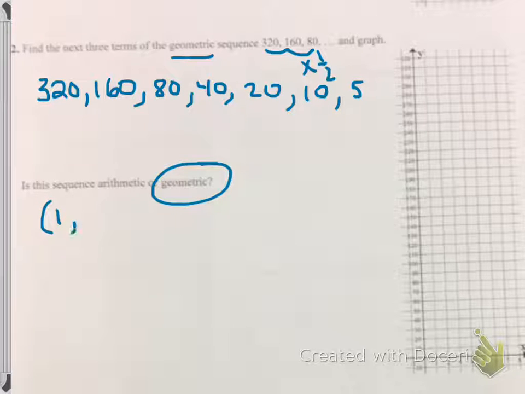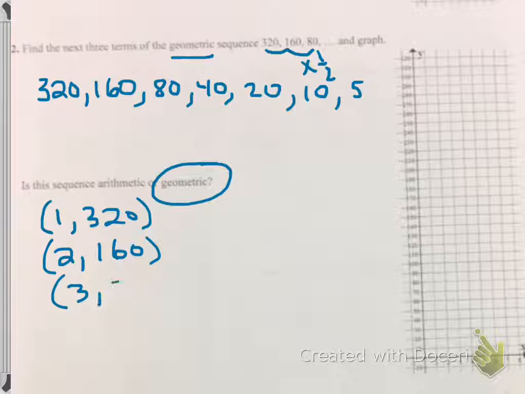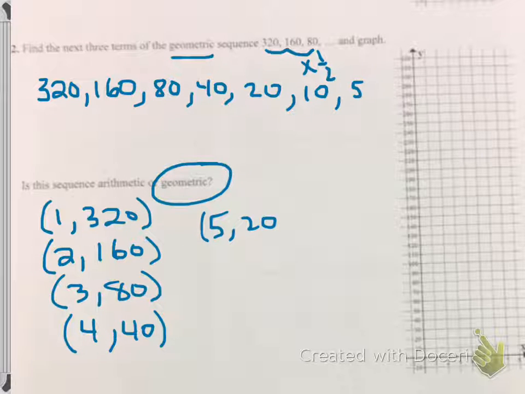Our first term was 320. Our second term was 160. Our third term was 80. Our fourth term was 40. Our fifth term is 20. Our sixth term is 10. And our seventh term was 5.